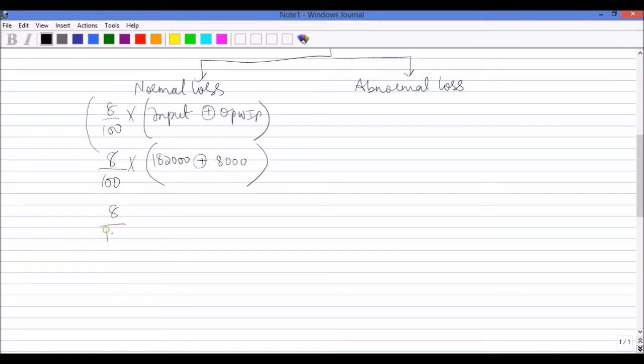So this is 8 on 100, and I'm going to add 1,82,000 plus 8,000, which gives me 1,90,000, and 1,90,000 into 8% gives me 15,200 units. So this is our normal loss, friends.